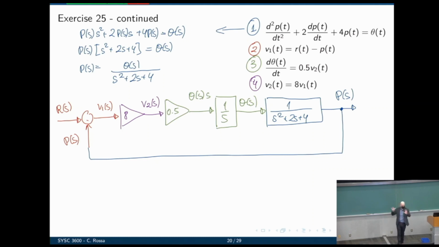The first two gains there, 8 and 0.5, are amplifiers. The amplifier changes the speed of the motor. We integrated that to get position. And now we have a transfer function between position of the motor and position of the spacecraft, which captures the dynamics of the spacecraft.